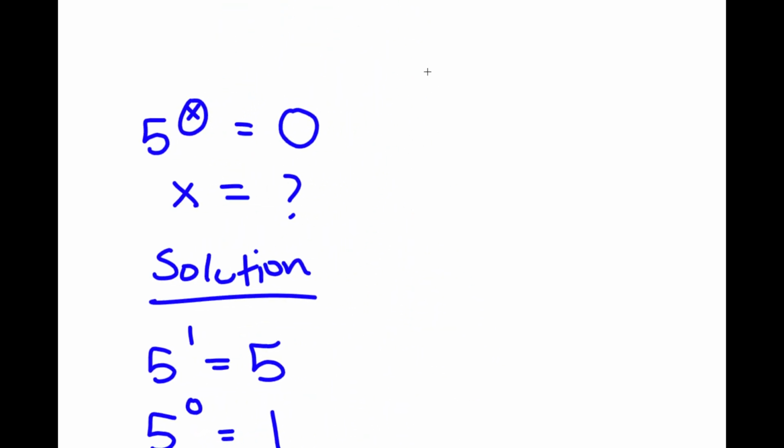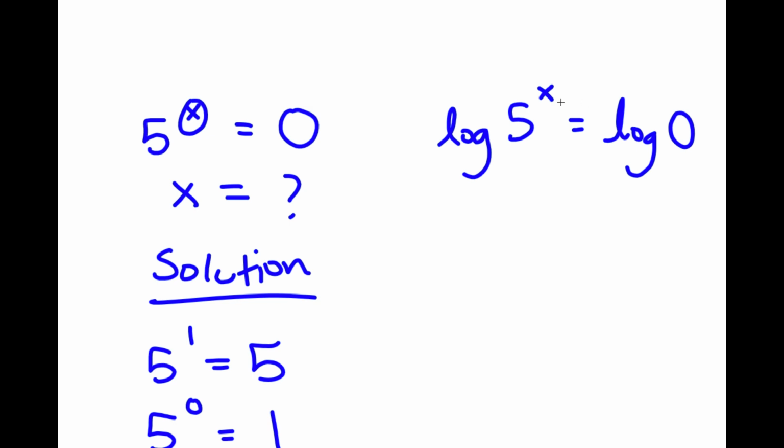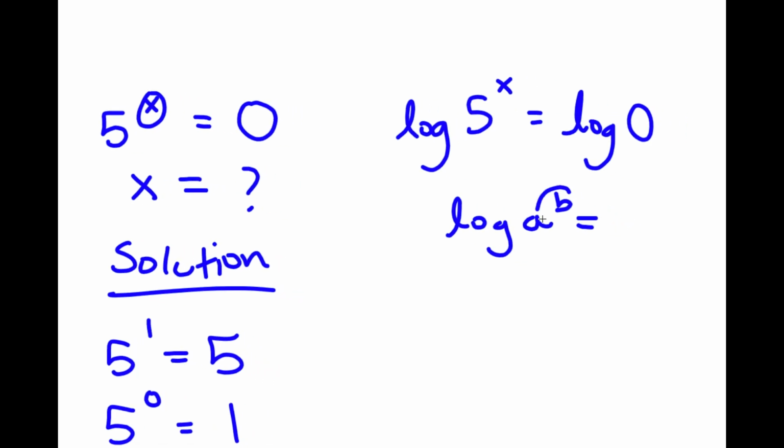So, the first step I'm going to do is take the log on both sides. So I have log 5 to the power of x is equal to log of 0. Now if I have something in the form log a to the power of b, I can move this exponent b to the front. So this is going to equal b times log a. So in this case, I have log 5 to the power of x. And I can move x here to the front.